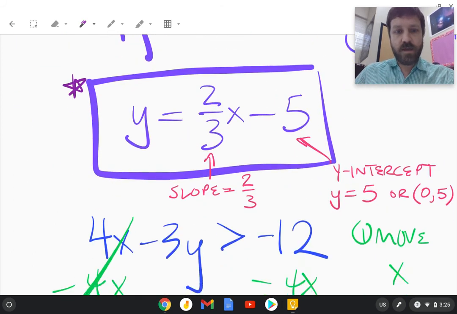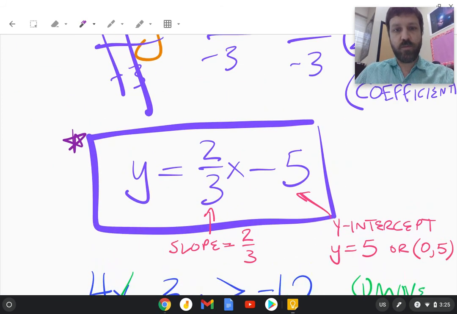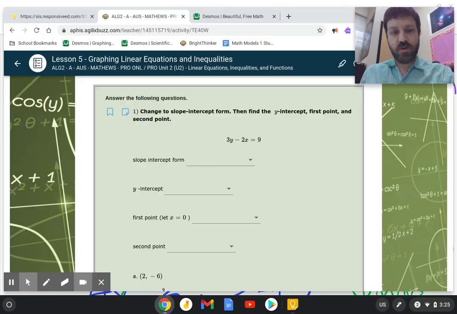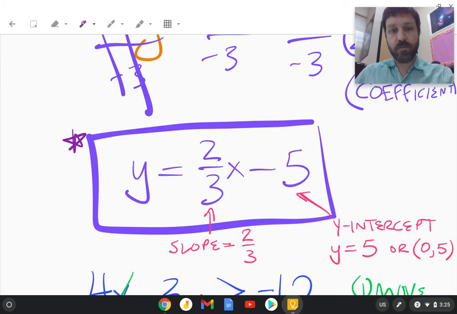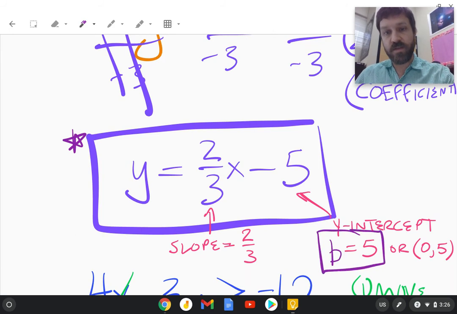And once you get down to the slope-intercept form, let me jump back over to the lesson. So that's the first thing you have to do, slope-intercept form. Then it asks for the y-intercept. We talked about this previously, but the y-intercept is this over here. The way it's worded in this part of the lesson is you need to identify what the b value is. The b value is whatever is in the last position in that formula.